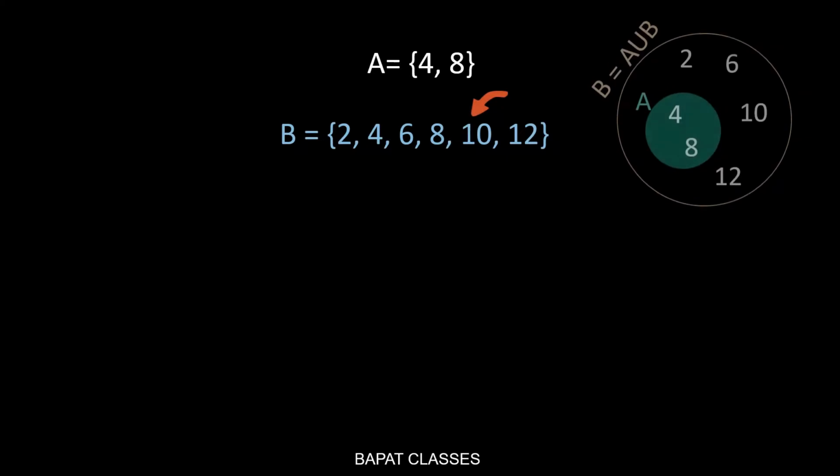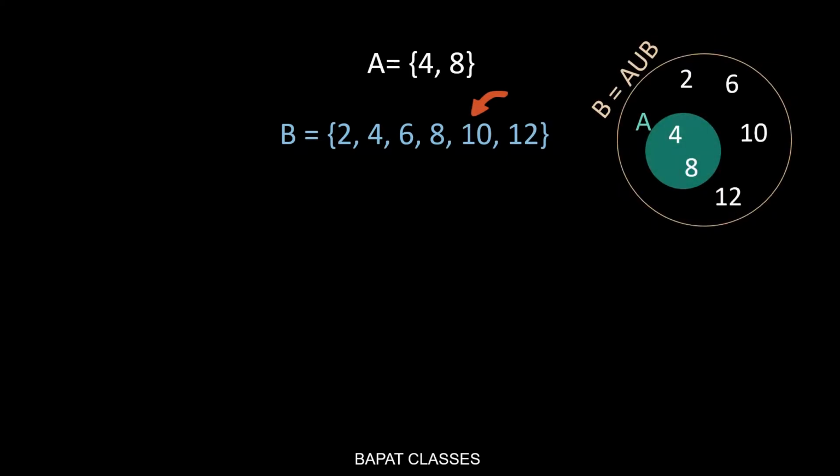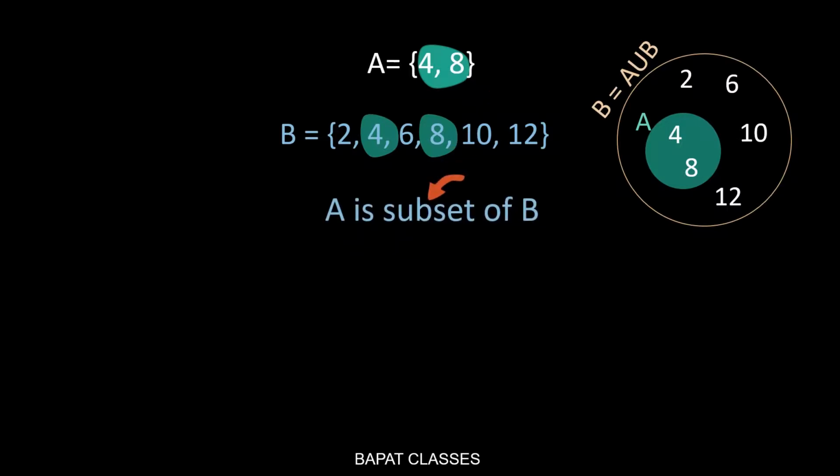Here, note that all elements of set A are present in set B. Therefore, A is subset of B. Now we'll find out A union B. A union B is the set of all elements of set A together with all elements of set B. And therefore, A union B is 2, 4, 6, 8, 10, 12.